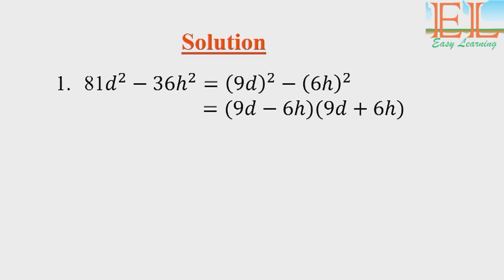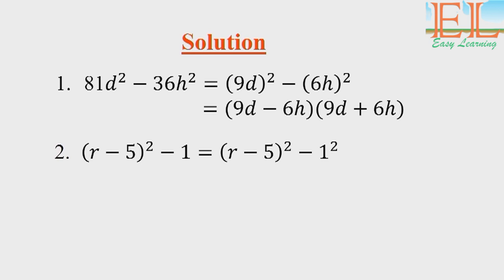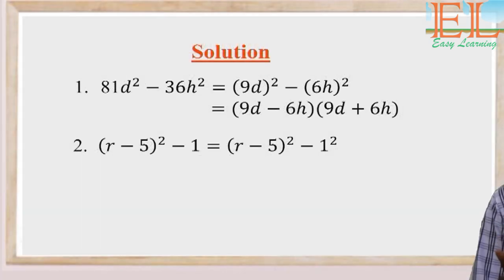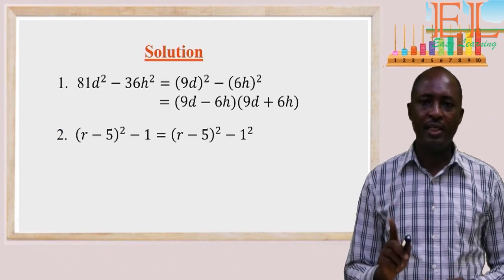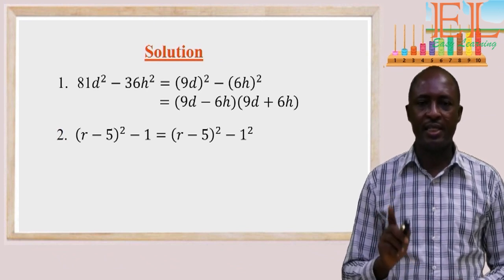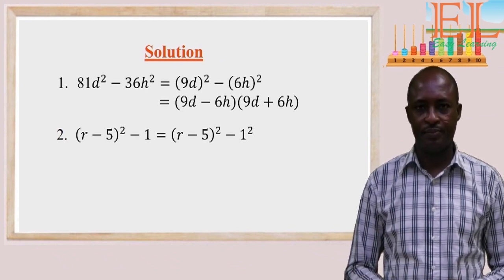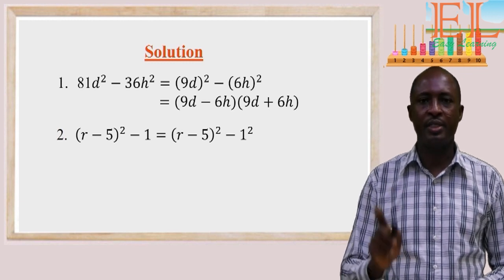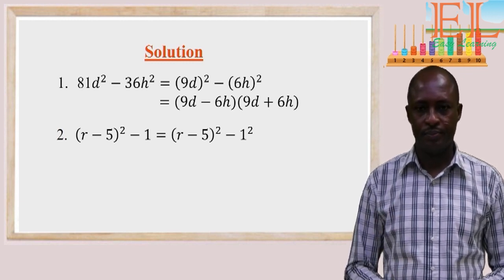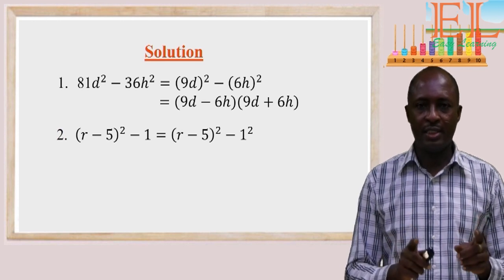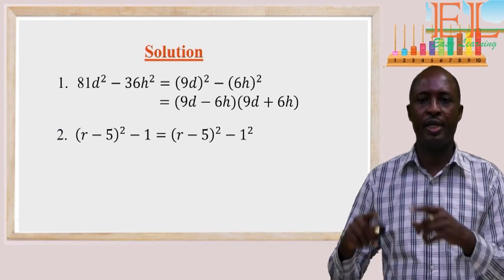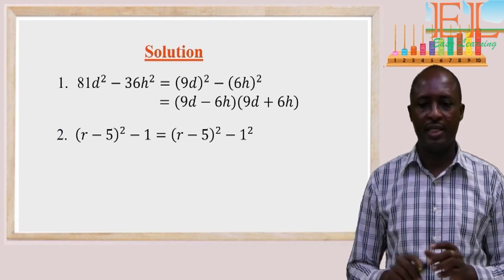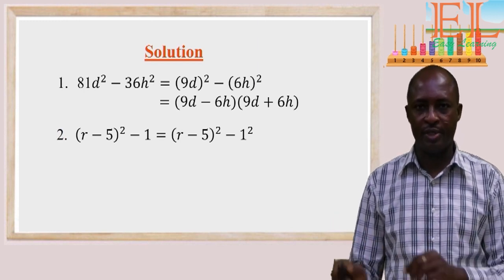Let's take the second example. r minus 5 all squared minus 1. 1 is a number that can take any exponent, and it will still remain the same. So as long as r minus 5 is squared, I can also square the 1, and I'll get the same as 1.